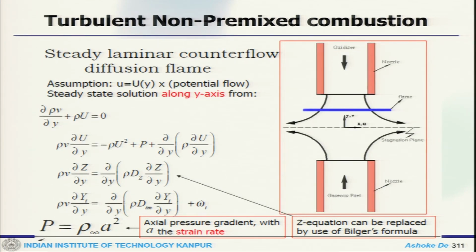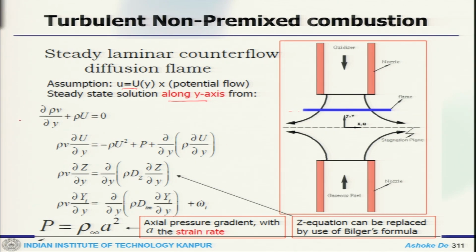Now this steady laminar counterflow diffusion flame, here this is our oxidizer, this is how fuel is coming, this is the coordinate system x and y, and this is where the stagnation flame is sitting.